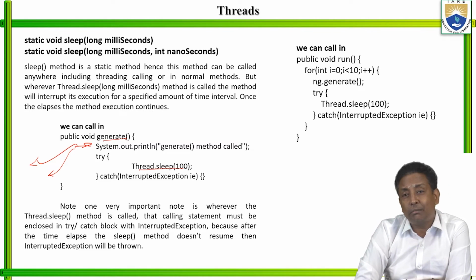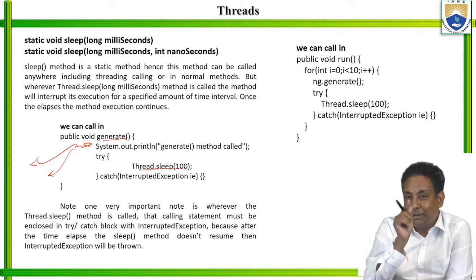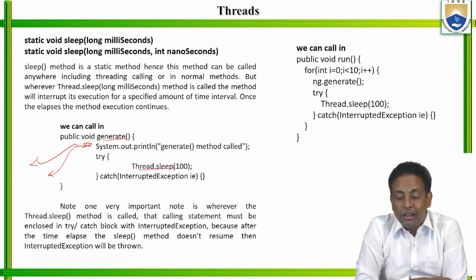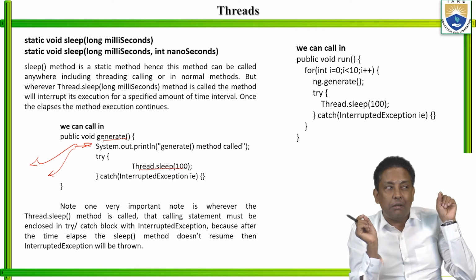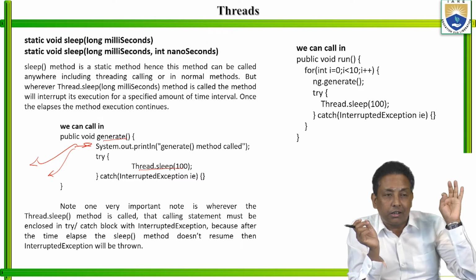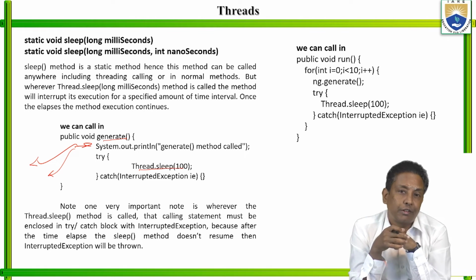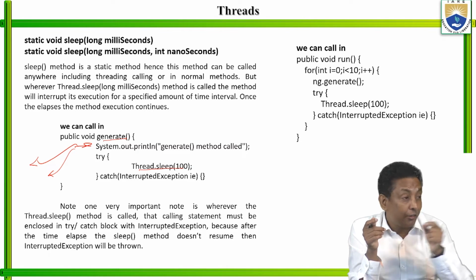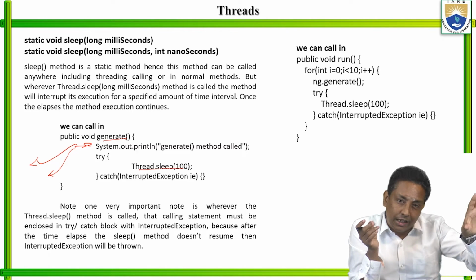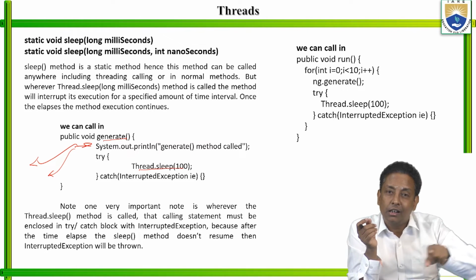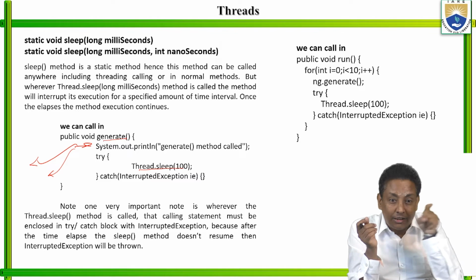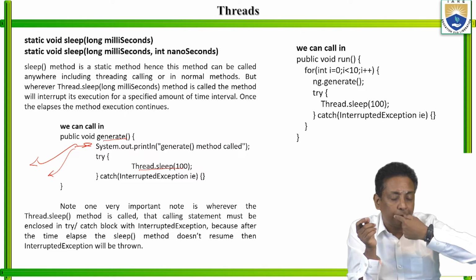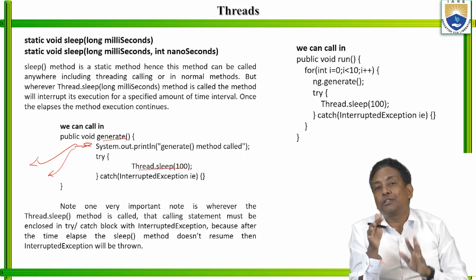And why are we writing sleep? Because whenever we write the sleep method in a method, immediately that will be noticed by the thread scheduler. Whenever the thread scheduler finds sleep written in any method, it knows the thread is left for some specific amount of time. The thread scheduler is such a mechanism that if any thread goes to some wait state or blocked state, immediately the thread scheduler will give that thread's time to the other threads to complete the execution.